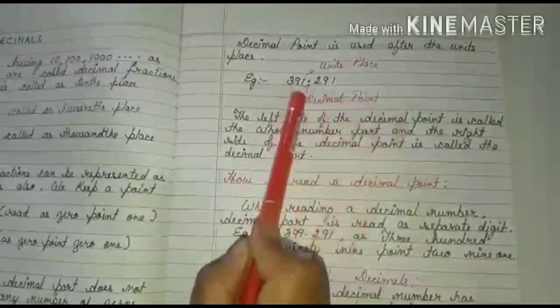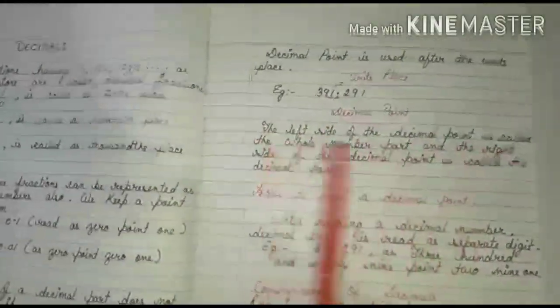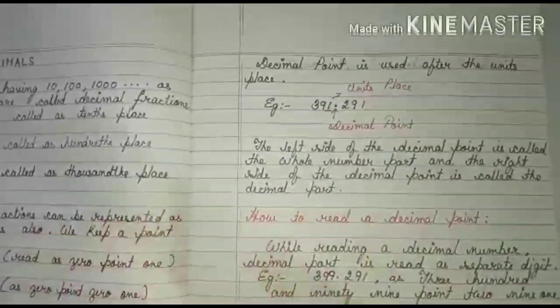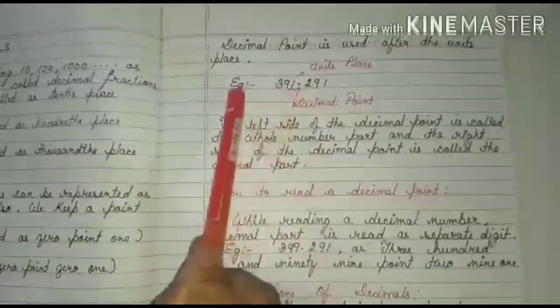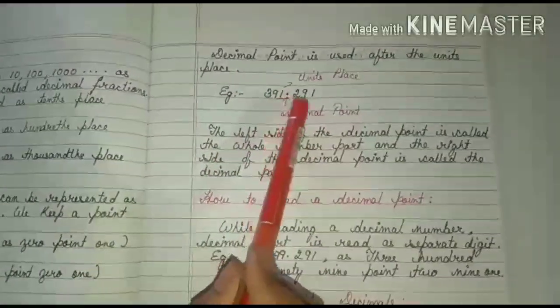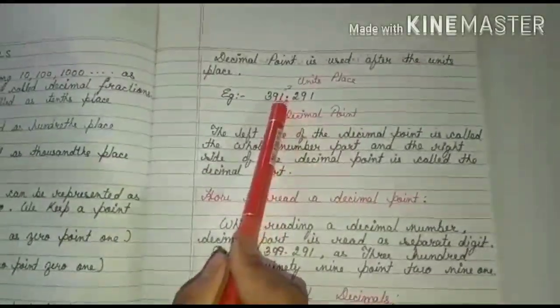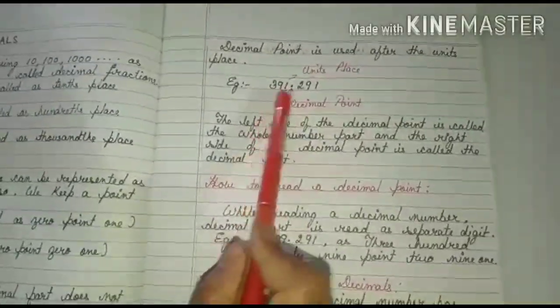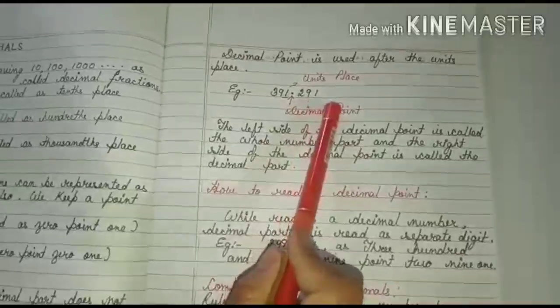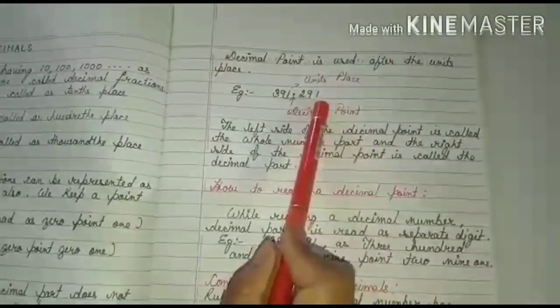The left side of the decimal point is called the whole number part and the right side of the decimal point is called the decimal part. That means the number at the left side of the decimal point, that is 391, is called the whole number part, and the number at the right side of the decimal point is called the decimal part.